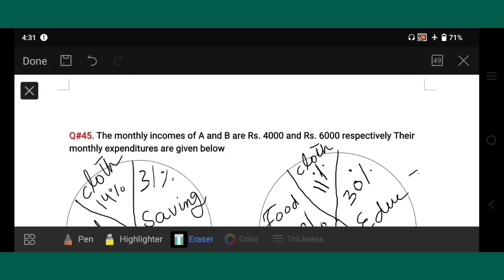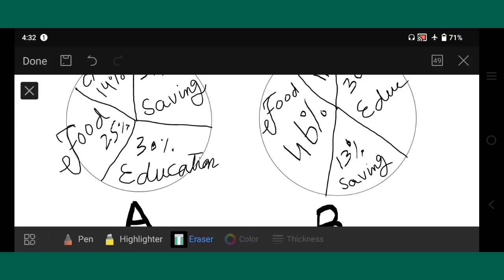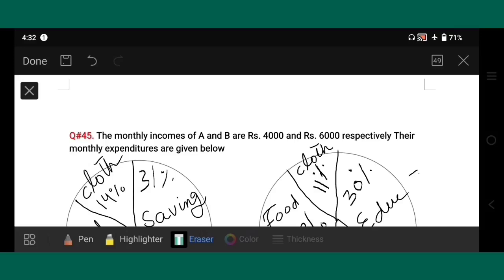So in family A, let's suppose A and B are two families. So education expenditure is 30%, while in family B education expenditure is also 30%. So we are going to find the ratio between them.